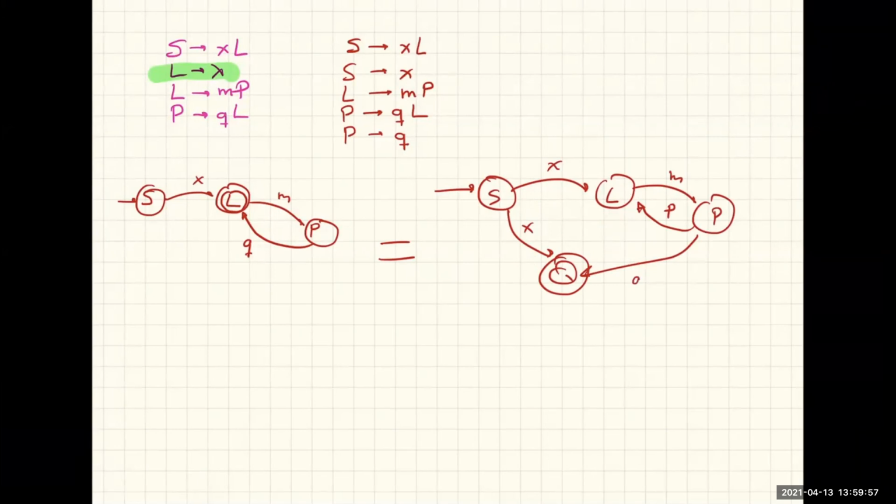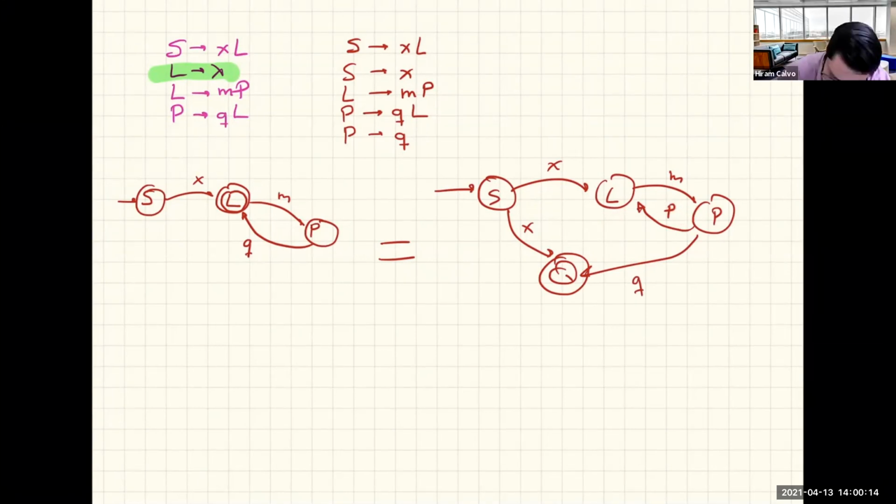It is, but it's not deterministic. There are two options in node P and in node S for the same letters. Yes, here, for example, right? So my mistake is here, it is Q. Yes, so it's not deterministic because we have here X, and also we have here Q and Q.